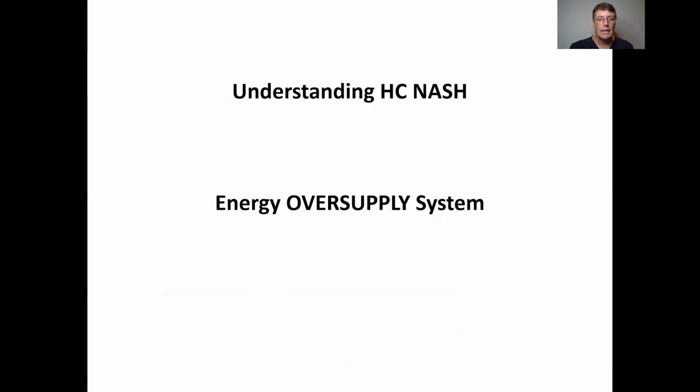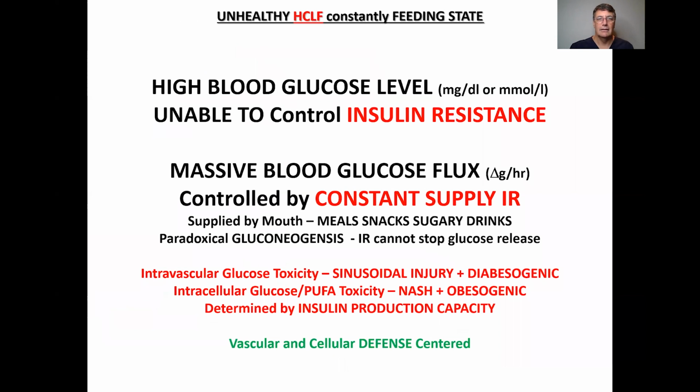Okay. Now, in the modern era of energy oversupply, we're dealing with this massive constant consumption of a high carbohydrate, low fat diet. And your blood sugar levels rise very, very rapidly, especially when we're eating simple sugars.